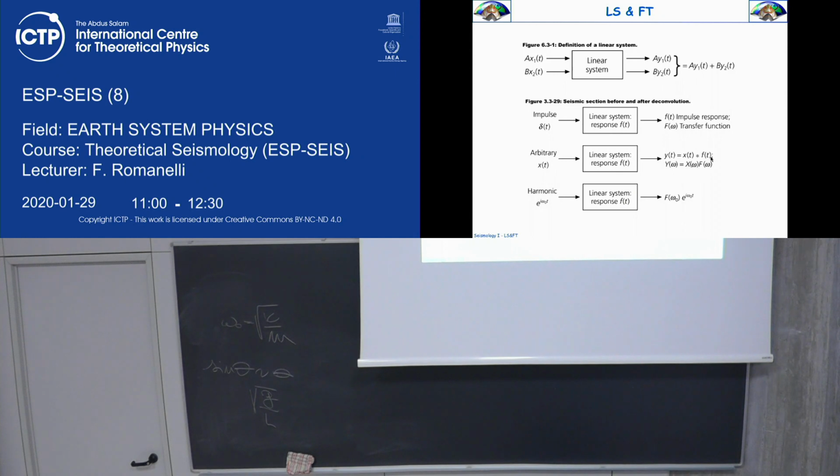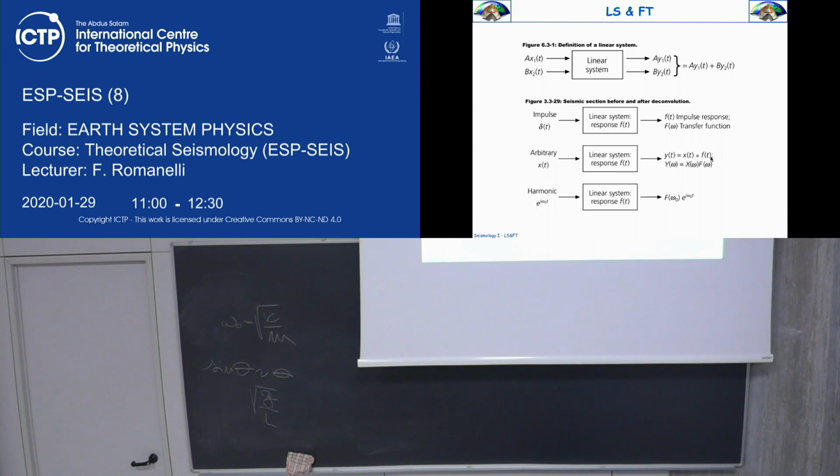That's the base of every filtering operation. So when you hear about a high-pass filter, it means that you're letting the high frequencies into the signal. Low pass, vice versa, band pass.